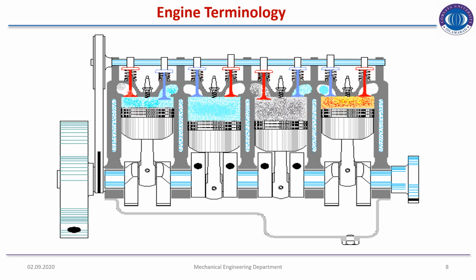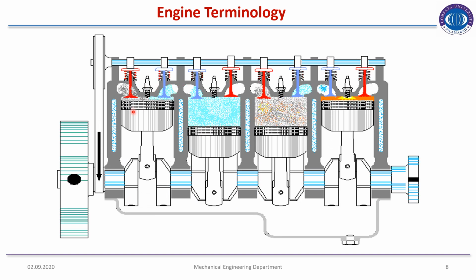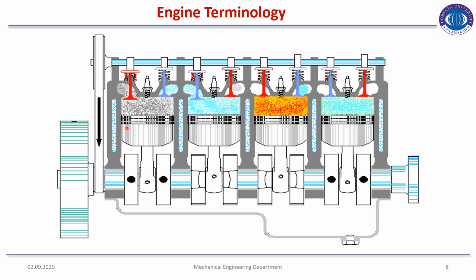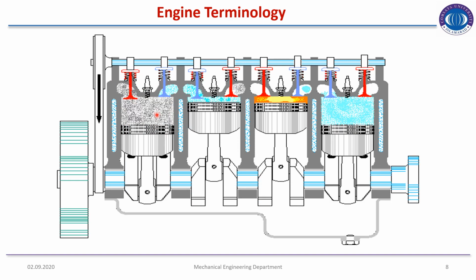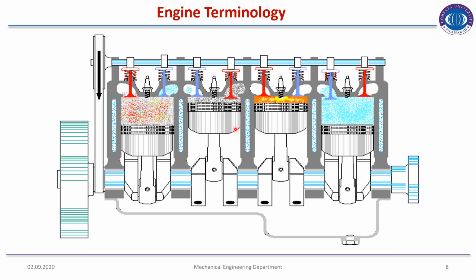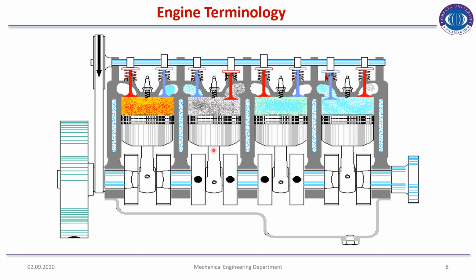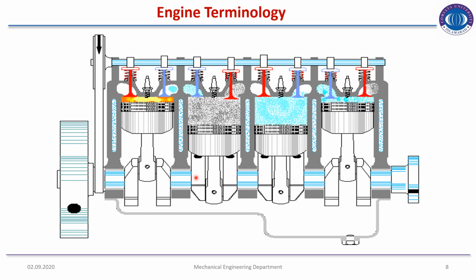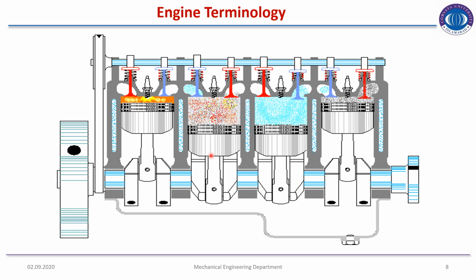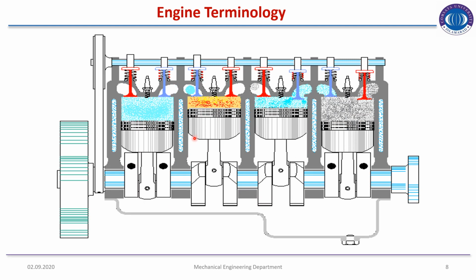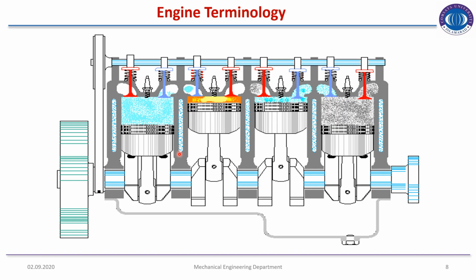So these are very delicate. A detailed study of the engine will be performed in the IC engine or internal combustion engine subject. So you will be dealing with the engines in detail in the IC engine subject.